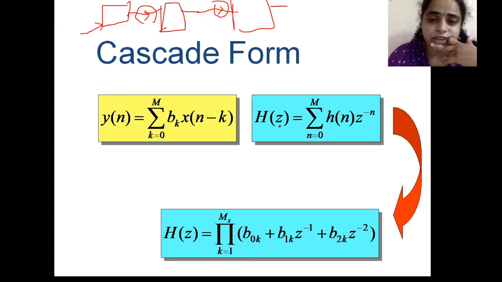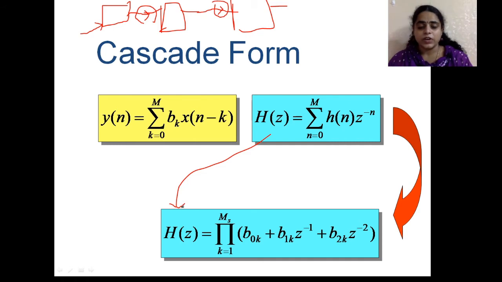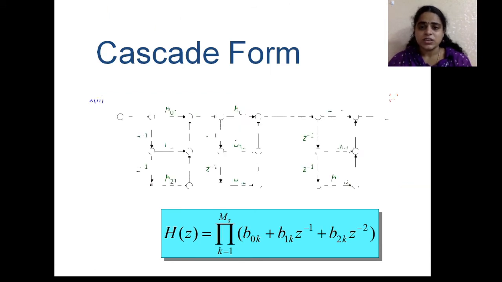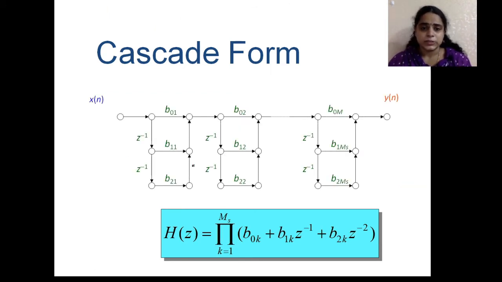Whenever the transfer function can be represented like this, H of z equal to product k equal to 1 to M_s of b_0k plus b_1k z inverse plus b_2k z power minus 2, and like that it will go. Here we are taking only second order systems.